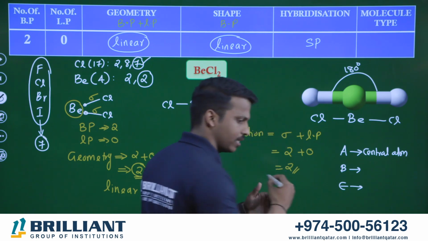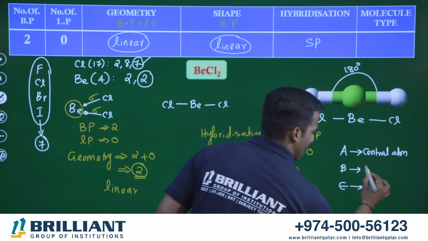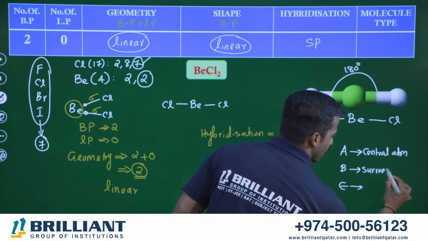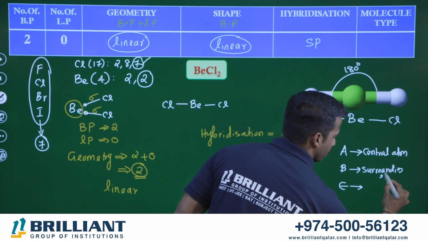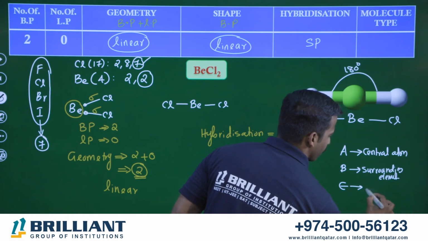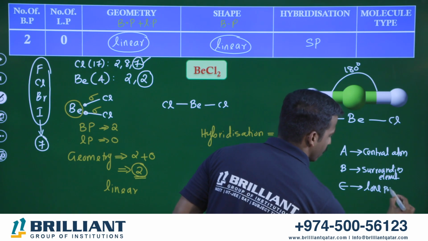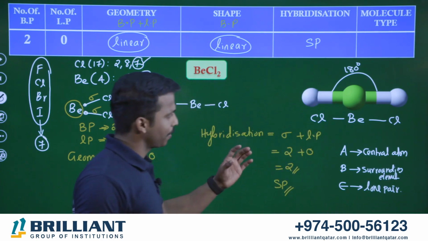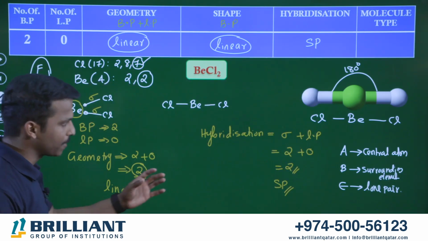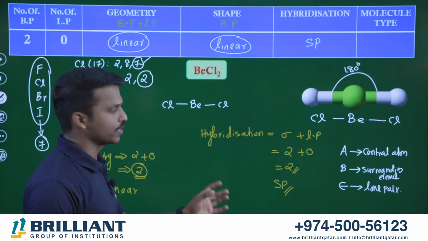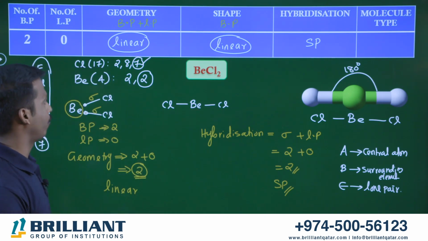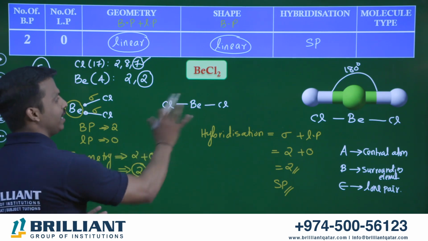B represents the surrounding element. E represents lone pair. In this question, BeCl2.